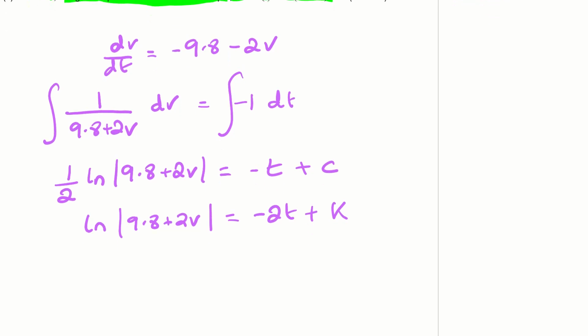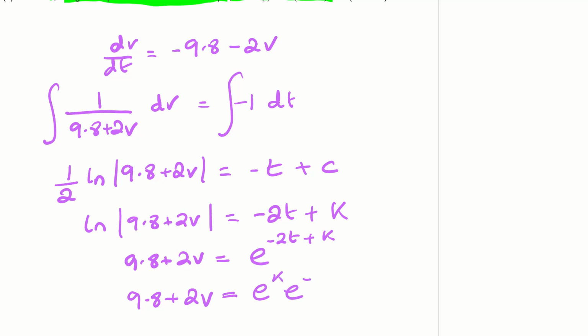So 9.8 plus 2v would be equal to e to the negative 2t plus k, and that gives us 9.8 plus 2v is equal to e to the k times e to the negative 2t.